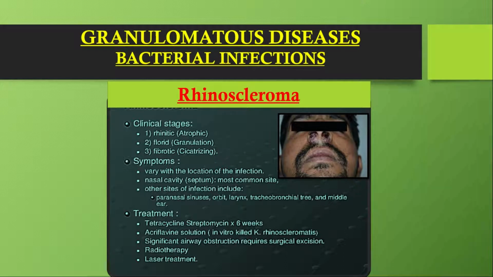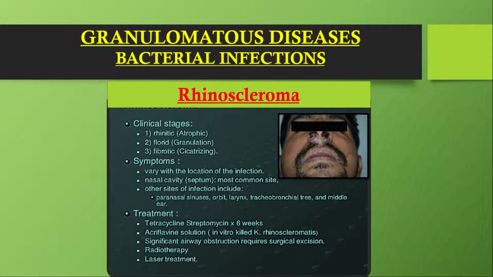Treatment of rhinoscleroma is difficult, but still one tries, because rhinoscleroma is caused by a gram-negative bacillus called Klebsiella rhinoscleromatis and is sensitive to tetracyclines and streptomycin. Tetracycline and streptomycin for 6 weeks may cure the infection.